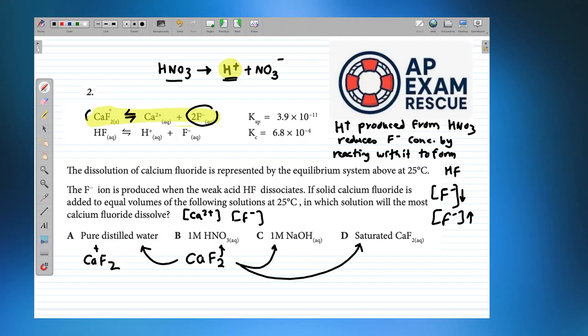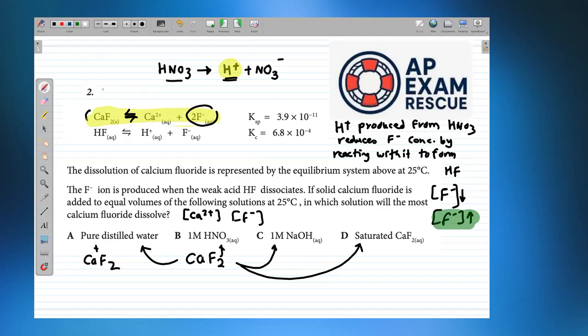I want to produce more F minus, so I move in the direction that produces F minus, not the one that consumes it, which is the forward direction.